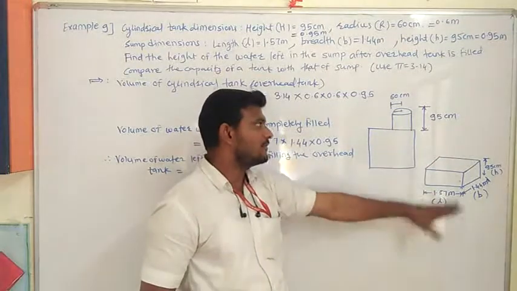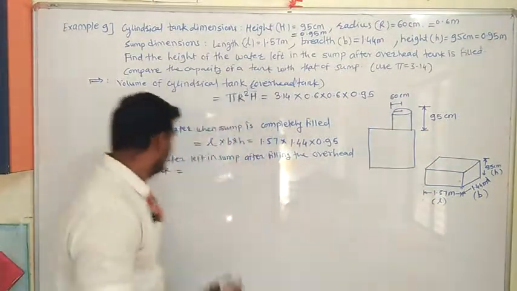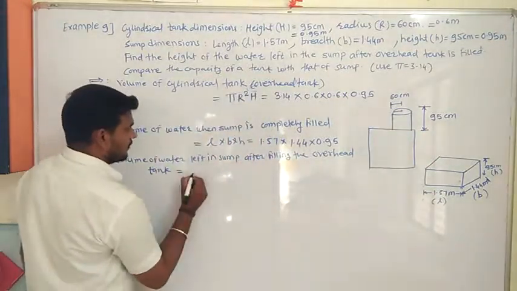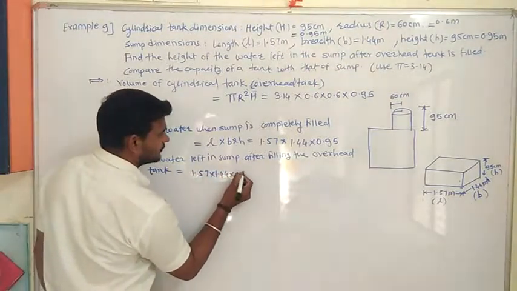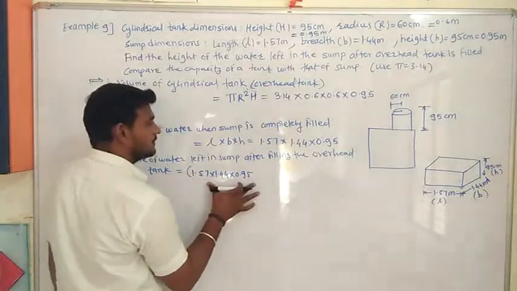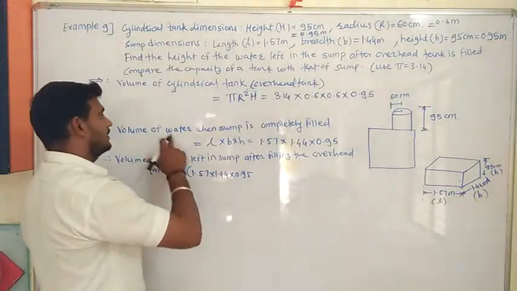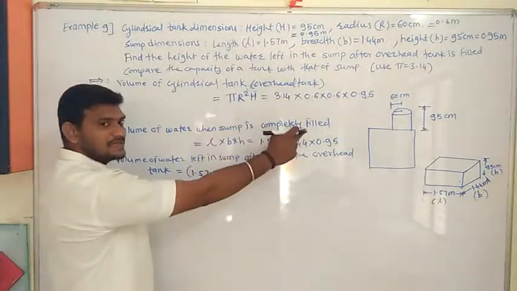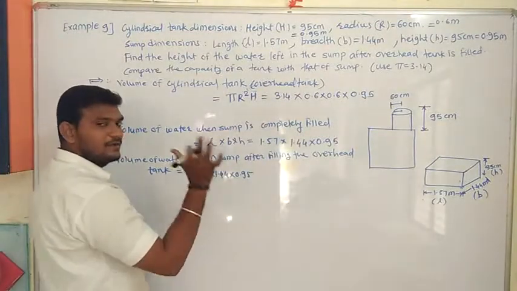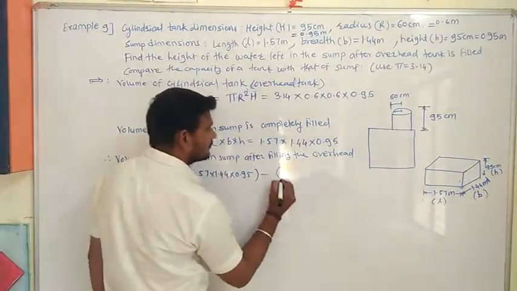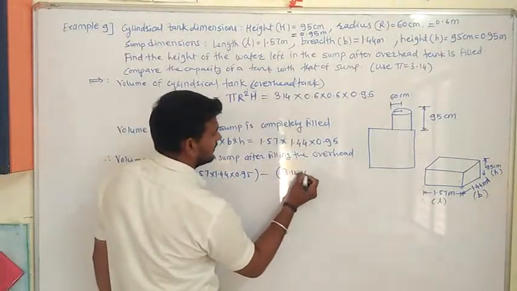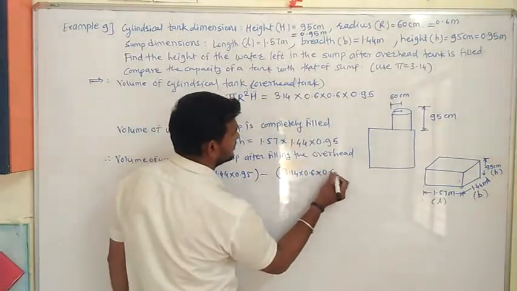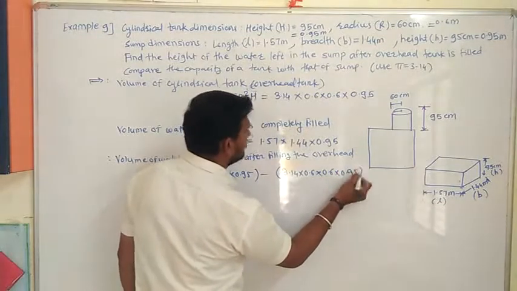That is volume of the sump minus volume of the cylinder, which is equal to 1.57 into 1.44 into 0.95. This is nothing but the volume of water when the sump is completely filled. Minus what we have to subtract? This one, that is 3.14 into 0.6 into 0.6 into 0.95.